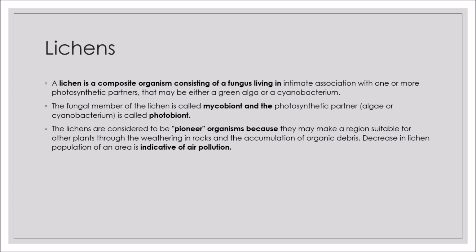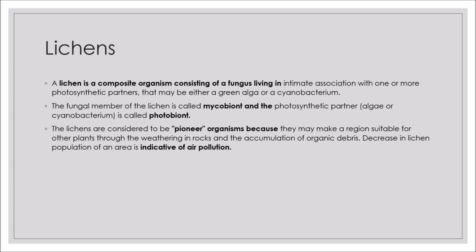So lichen is nothing but an association of a fungus with a photosynthetic partner, which may be algae or cyanobacterium. The fungal member of the lichen is called the mycobiont, and the photosynthetic partner is known as the photobiont.